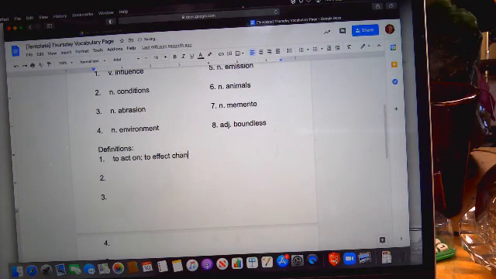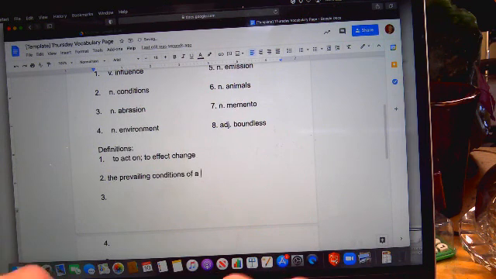Oops. My typing skills aren't great anyway, but when the camera's in the way, it's even worse. Number 2 is going to be climate. And so the definition is the prevailing conditions of a region.